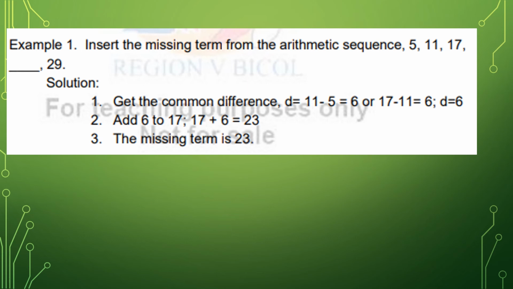So you can subtract two succeeding terms, say for example, 5 and 11. So we subtract 11 minus 5, that is equal to 6. So your common difference is 6. Now, to get the term here, we simply add the common difference to the previous term. So that is 17 plus 6 is equal to 23. So the missing term here is 23.